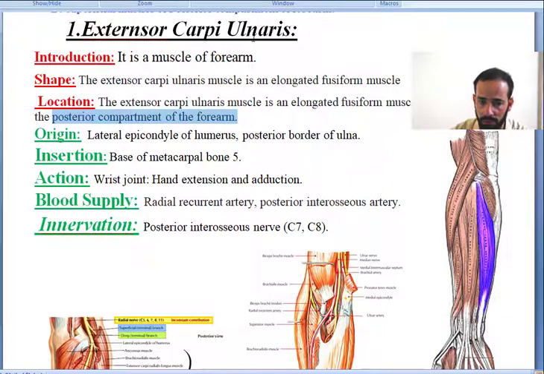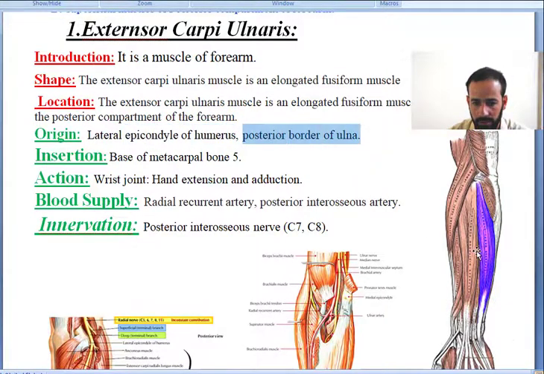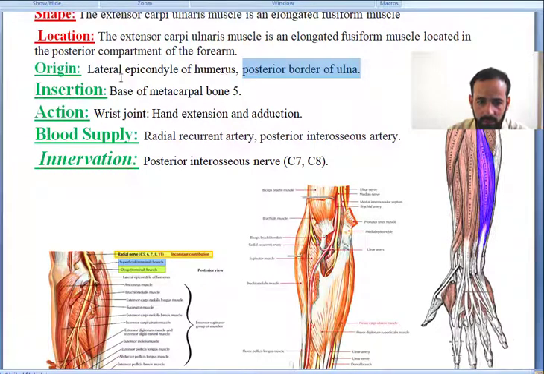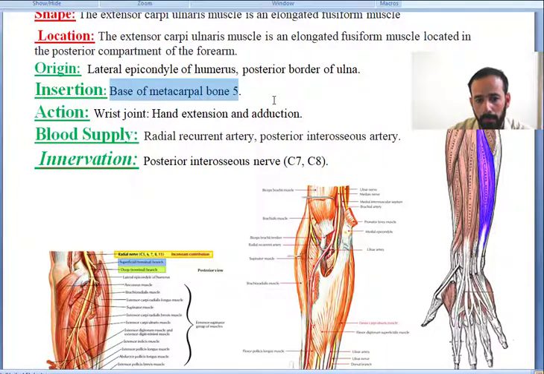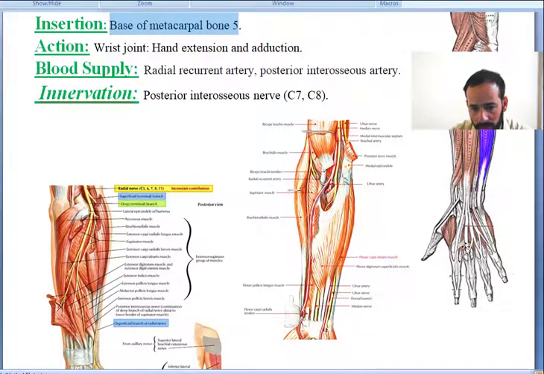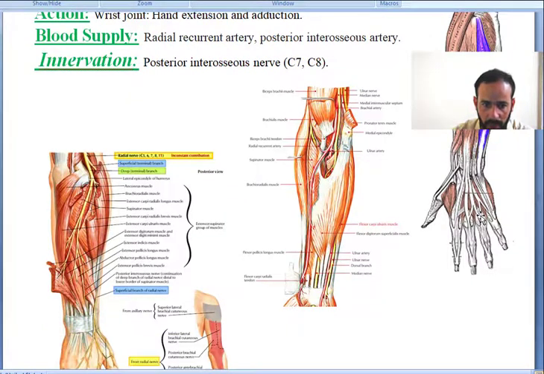It gets its origin from the lateral epicondyle of the humerus and the posterior border of the ulna, and it inserts into the base of the fifth metacarpal bone. First, second, third, fourth, and this is the fifth metacarpal bone.